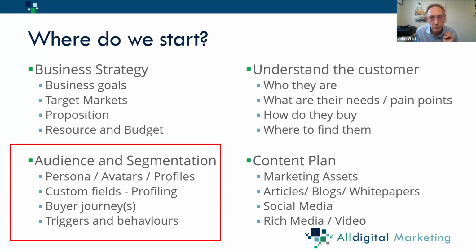But what most companies do not do, and this is absolutely paramount important if you're going to go down a marketing automation solution, is you need to understand your audience and you need to understand that segmentation of your audience. So absolutely right at the top of the list, you need to break your buyers down into different personas or profiles or avatars.